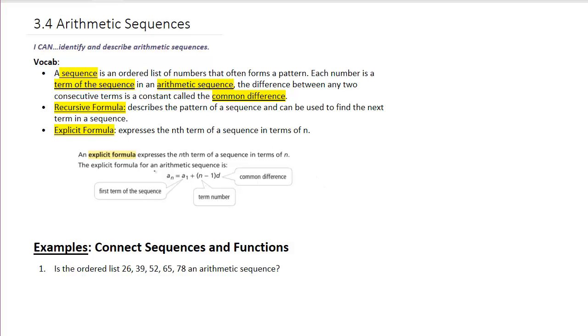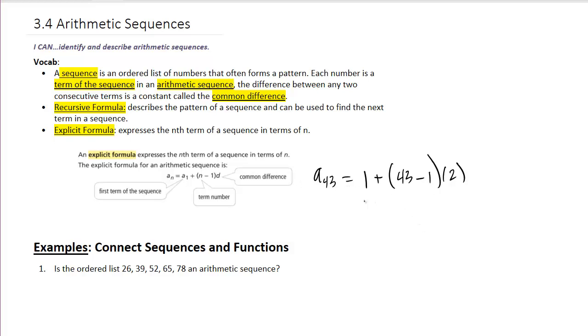If we were going to plug something in here, say I wanted to find the 43rd term, that would be a sub 43 is equal to whatever the first term is, say it's 1, plus 43 minus 1 times the common difference, and that could be anything, maybe it's 2. Then we would just evaluate and we would have the 43rd term within that sequence.